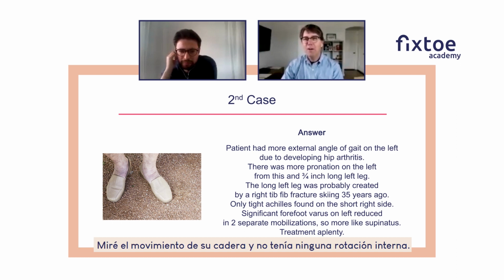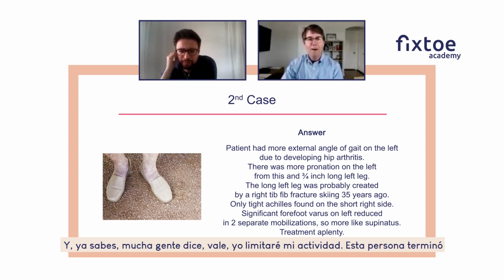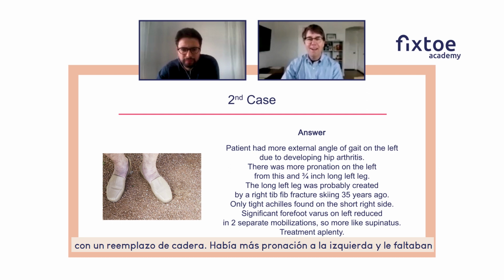And I looked at her hip motion and she had no internal rotation at all. And that's one of the signs that the hip is becoming arthritic. A lot of people just say, okay, I'll just limit my activity. This person ended up with a hip replacement.